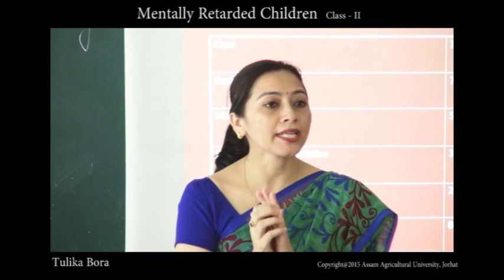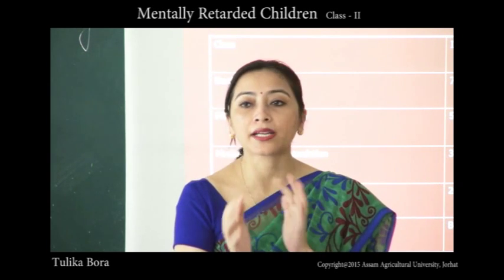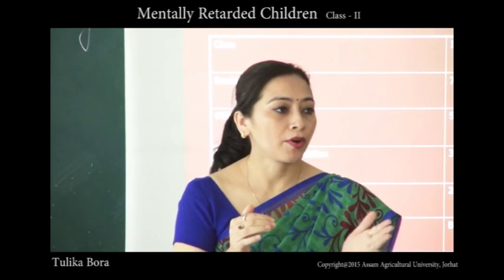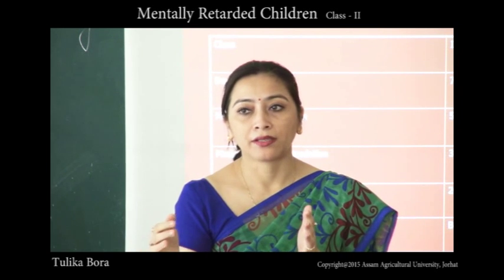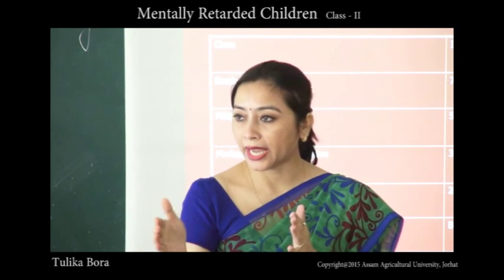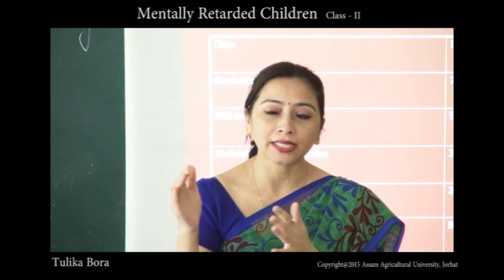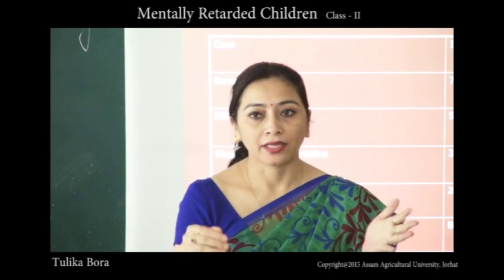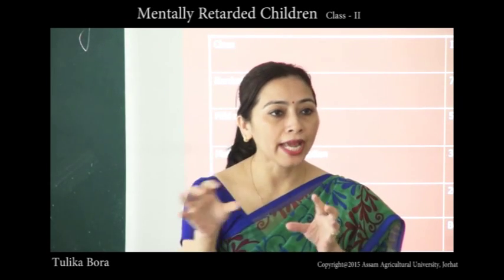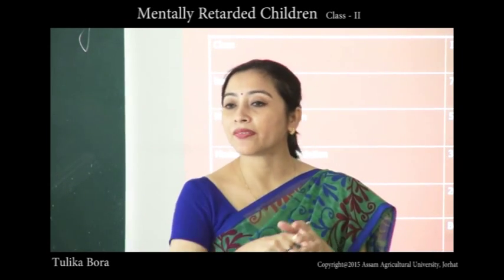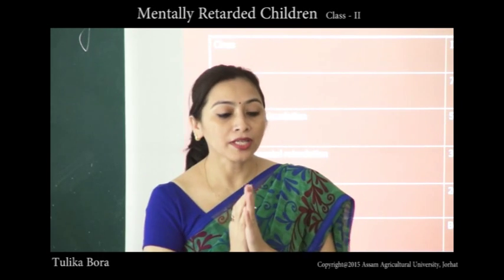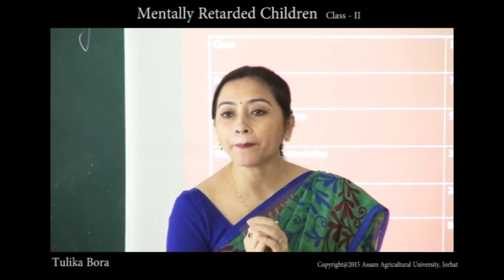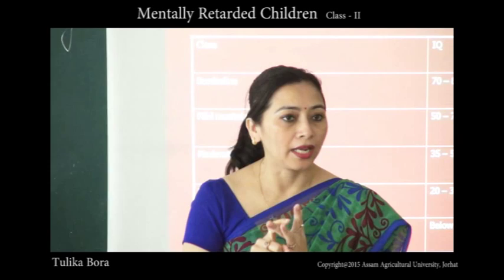But in mentally retarded children there is a discrepancy between chronological age and mental age. If their mental age is 8, their chronological age may be 20, like that. According to that we classify them into different categories. For education purpose we classify them as educable, trainable, custodial.